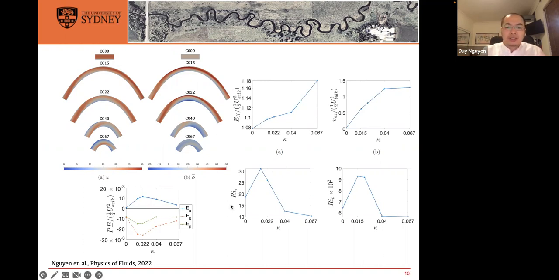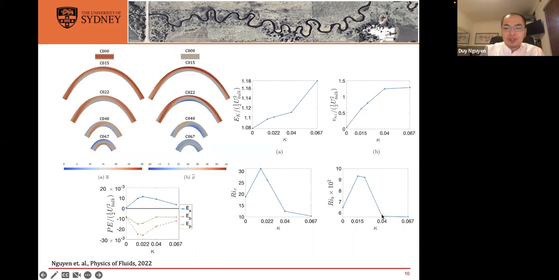We also look at the friction and bulk reduction numbers. It is interesting that we see an increase of both the bulk and friction reduction numbers from the straight channel to the lowest curvature, but when we go to a curved channel and increase the curvature, it actually decreases both of the reduction numbers, as you can see here.